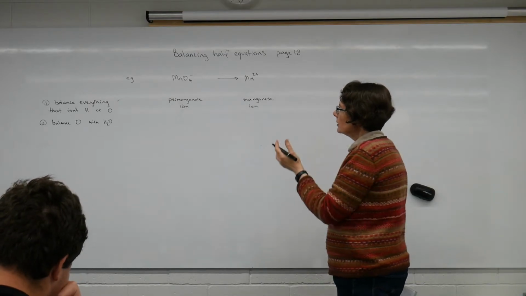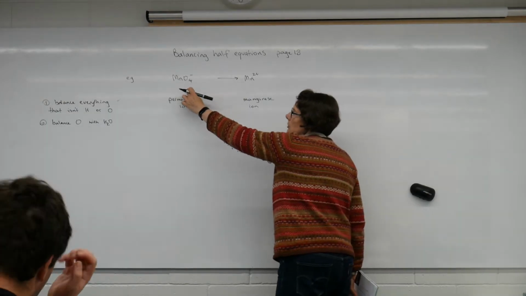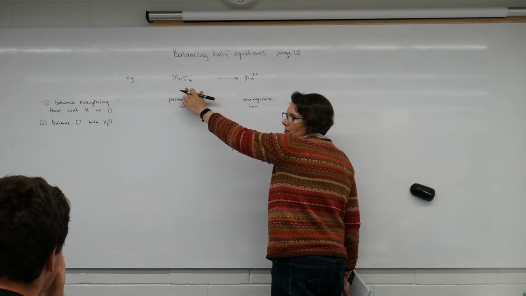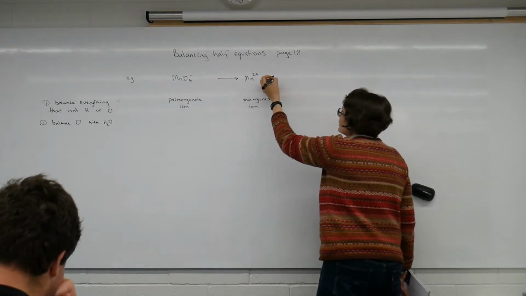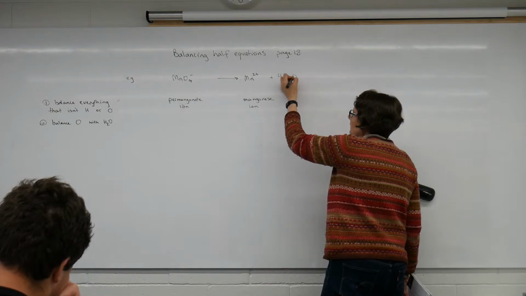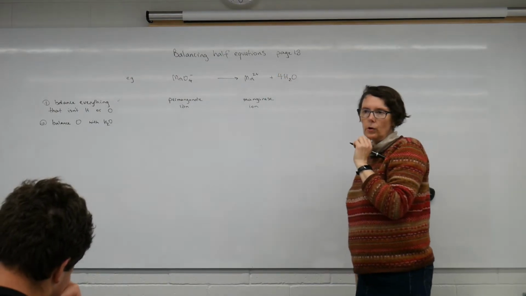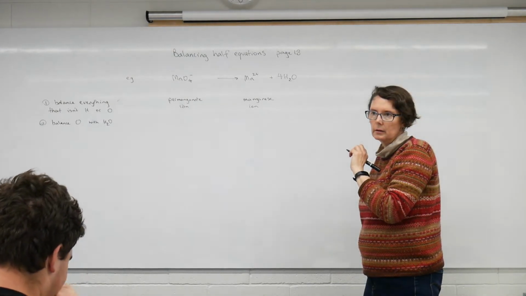So if I look at this reaction, I have 4 oxygens on my reactant side and I've got none on my product side. So that means I'm going to need 4 waters to get those 4 oxygens on the right-hand side of the arrow. Yeah?